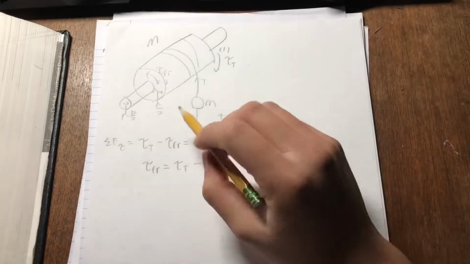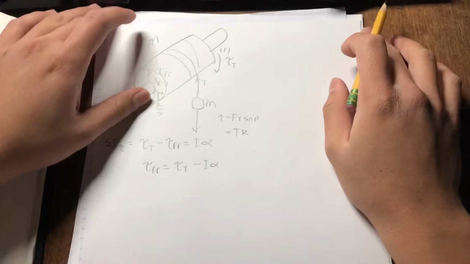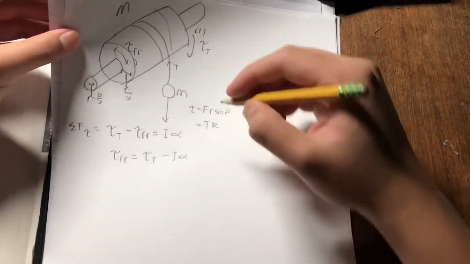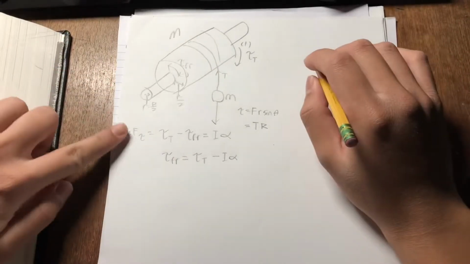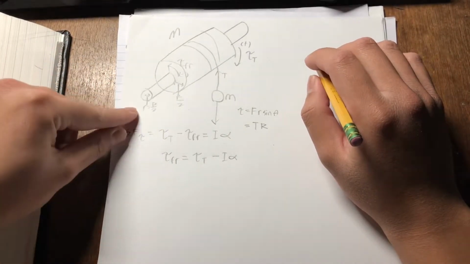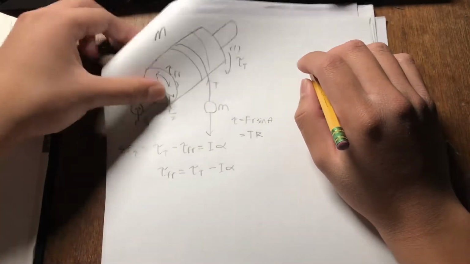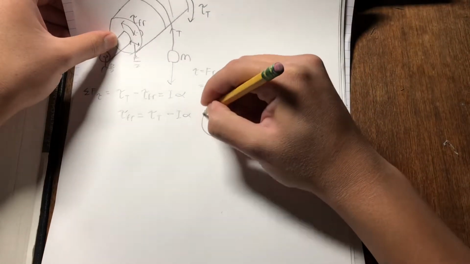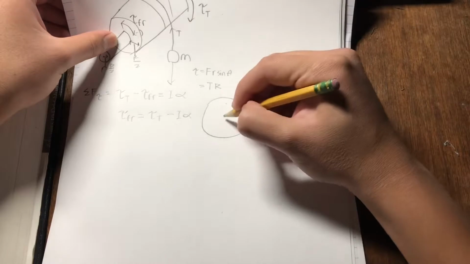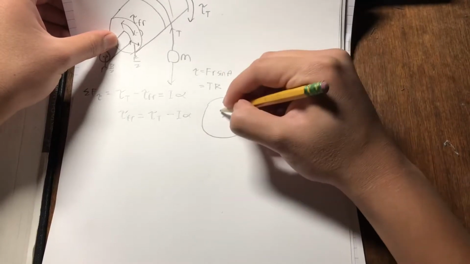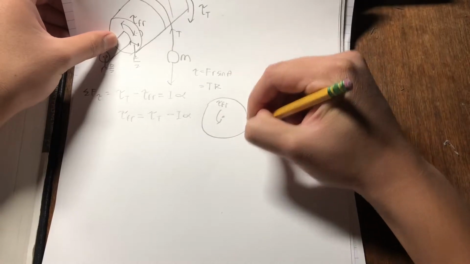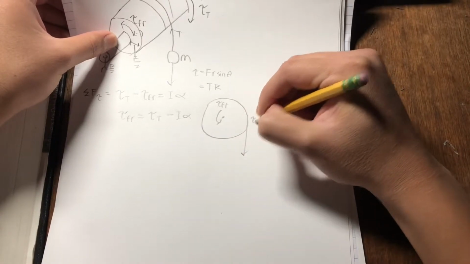Well, looking at this diagram is actually a little bit complicated. To get a better sense of the problem and why you use big R here, imagine you're looking at this from this angle, like you put a camera here. If you get a cross section of this, it's going to look like this, right? This is the cross section, and this is the center right here. This is your torque due to friction, and this is your torque due to tension.